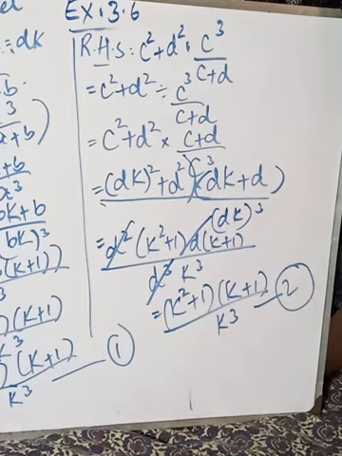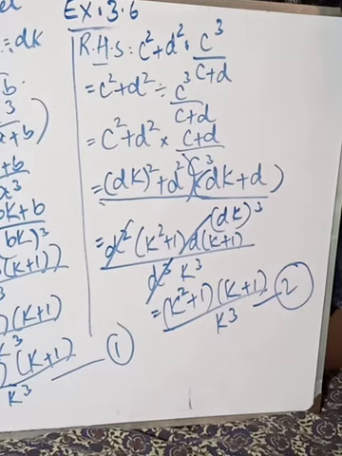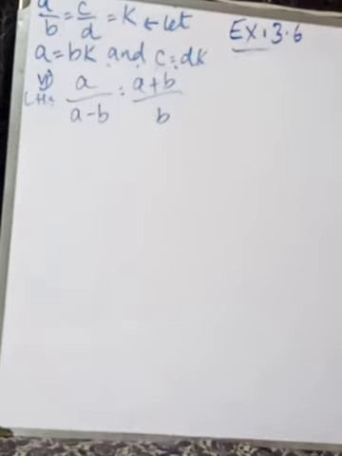Alright, coming up here with the part number 7. In the part number 7, again we have the left hand side, that is a over a minus b ratio a plus b divided by b.